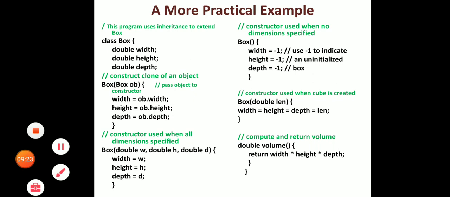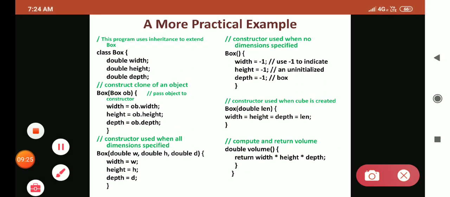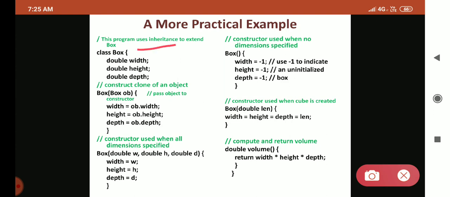Well, let us take one more example, or a more practical example. Now here, remember, we have explained this box example in my previous video as well. Now if you remember, there is a class called box and three instance variables like width, height and depth.